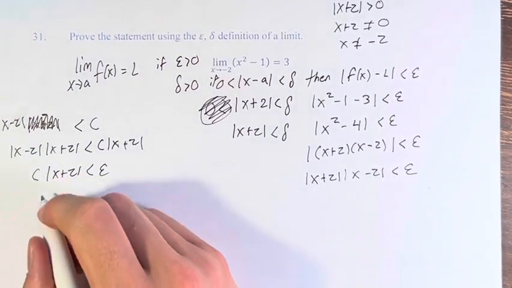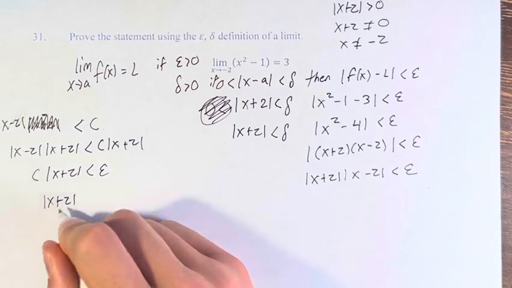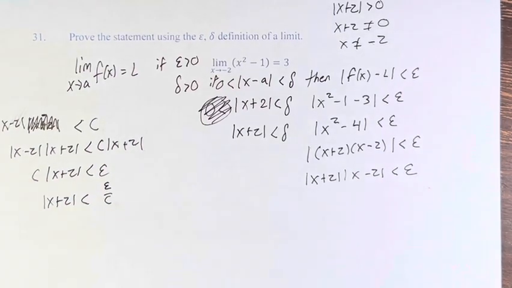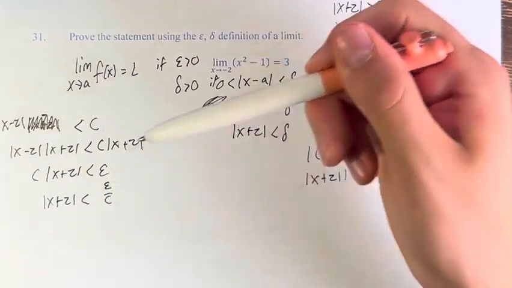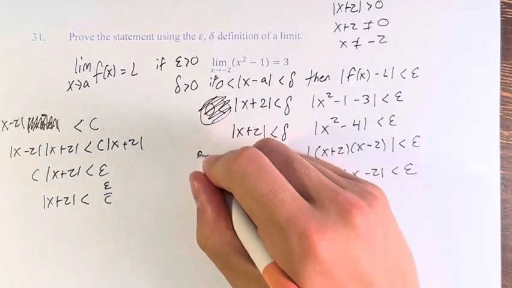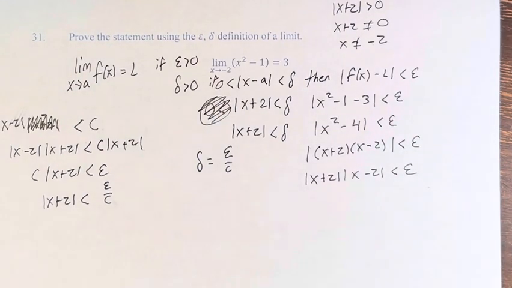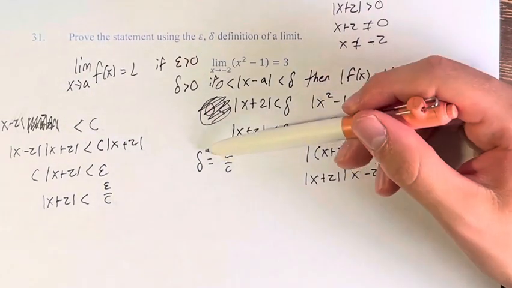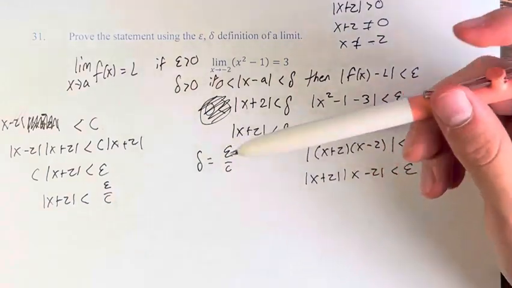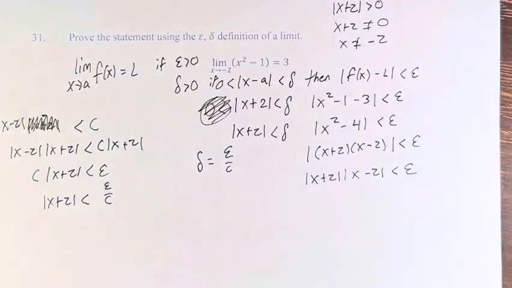We can say that this is true by saying that x plus 2 is less than epsilon over c. And therefore, if x plus 2 is less than epsilon over c, and it's less than delta, then we can say that delta equals epsilon over c. And so we have a relationship where for any epsilon that we pick, we have a delta for which we can say that this is true, and therefore the limit is true.